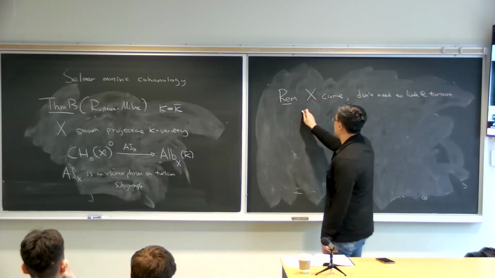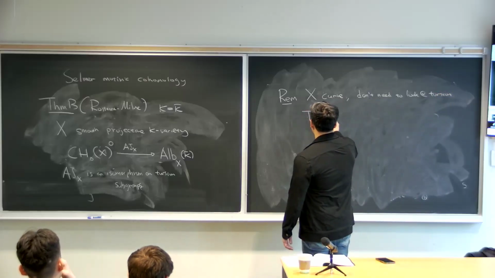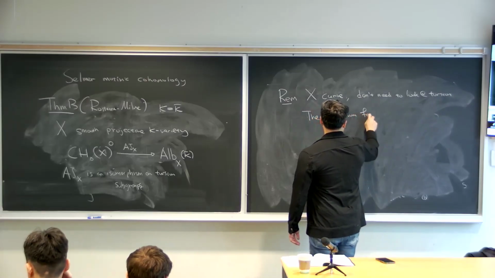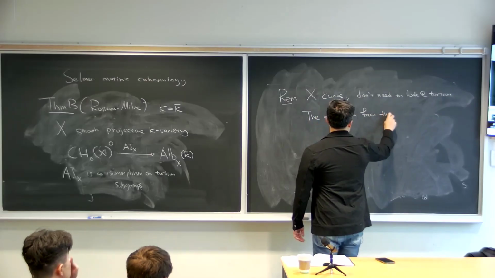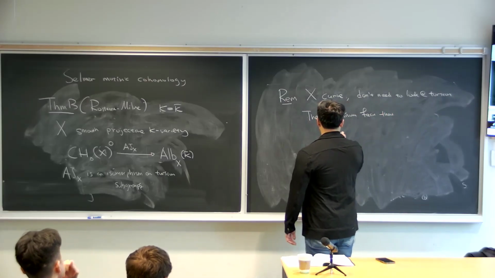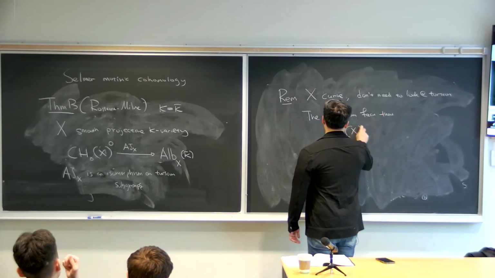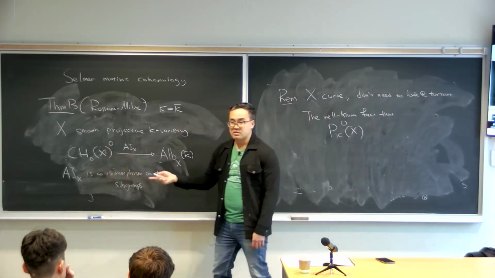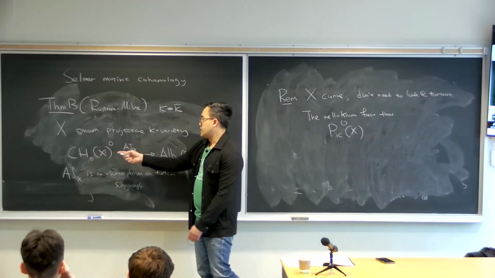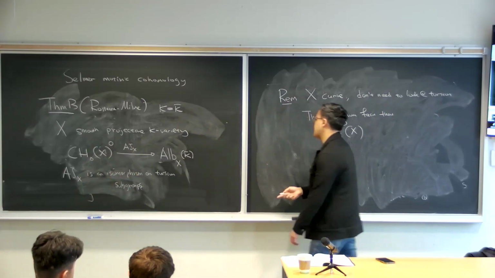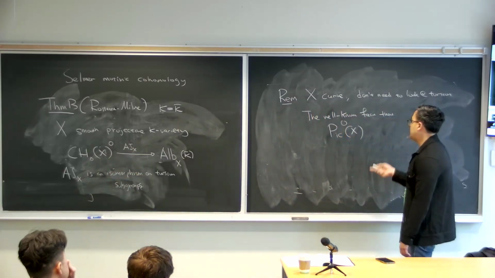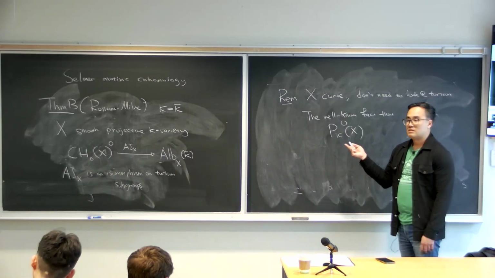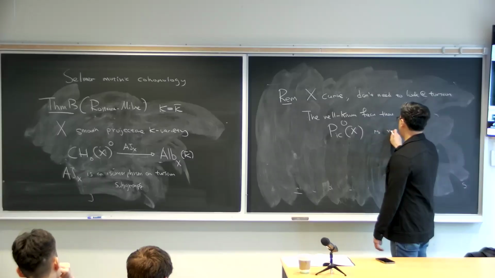And this is the well-known fact that Pic^0 of X, right? So CH_0 of a curve is going to be the Picard group. So degree 0 zero-cycles or degree 0 line bundles is going to be Pic^0 of X and is representable by an abelian variety.